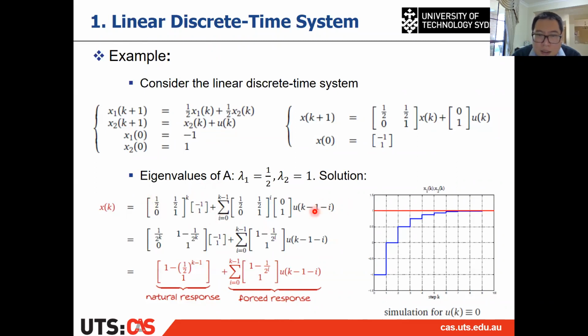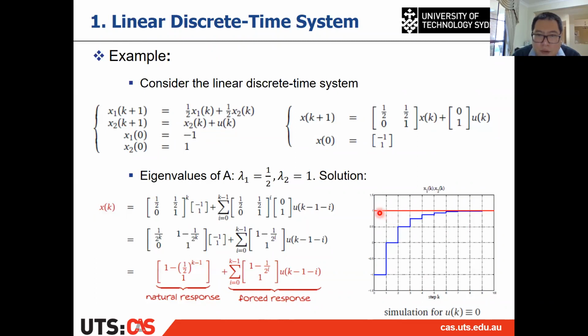All right. But in this case, because we have a special matrix A and B, we can calculate inside. Then we can get this solution like that, and we can plot the change of the state at different time steps like that. All right.